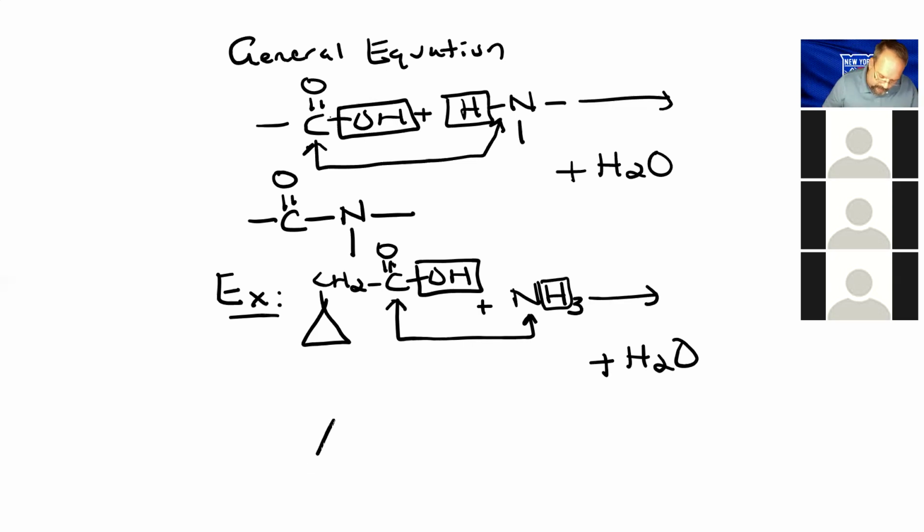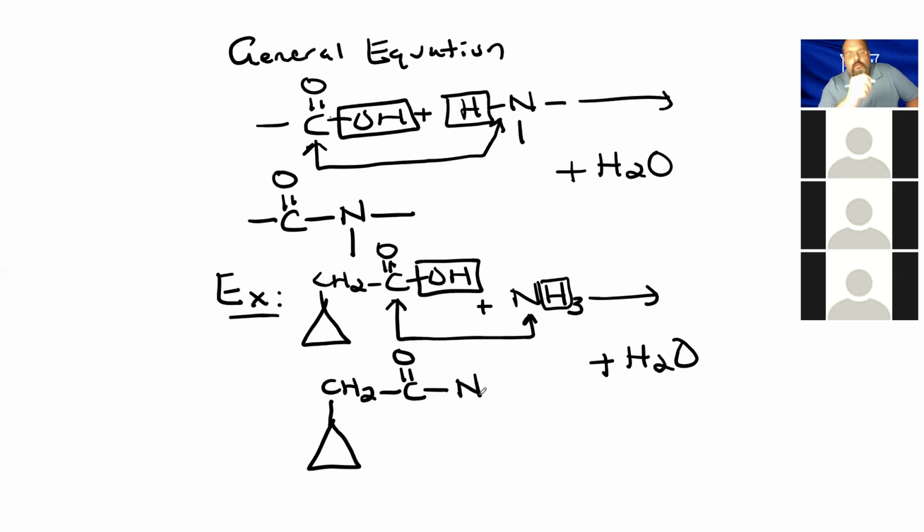When I draw the product, I'll start by drawing the carboxylic acid portion first, and everything stays the same until I get to the C double bond O carbon of the carboxylic acid. It's at that point where I have my transition from the carboxylic acid to the ammonia or the amine. In this case, to the ammonia. So the C double bond O carbon is going to be attached to the nitrogen of the ammonia.